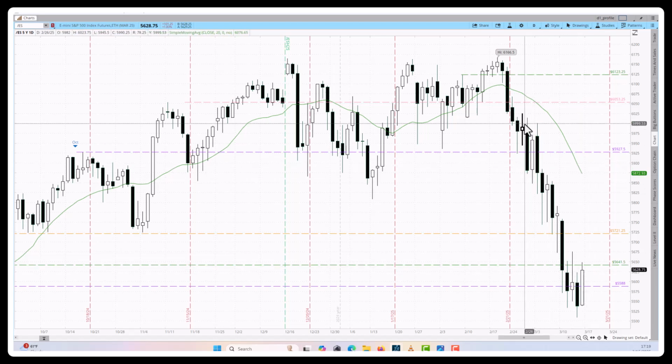What do we see here? We see the reversal. We see that Thursday is an expansion move. And then Friday is reverse.